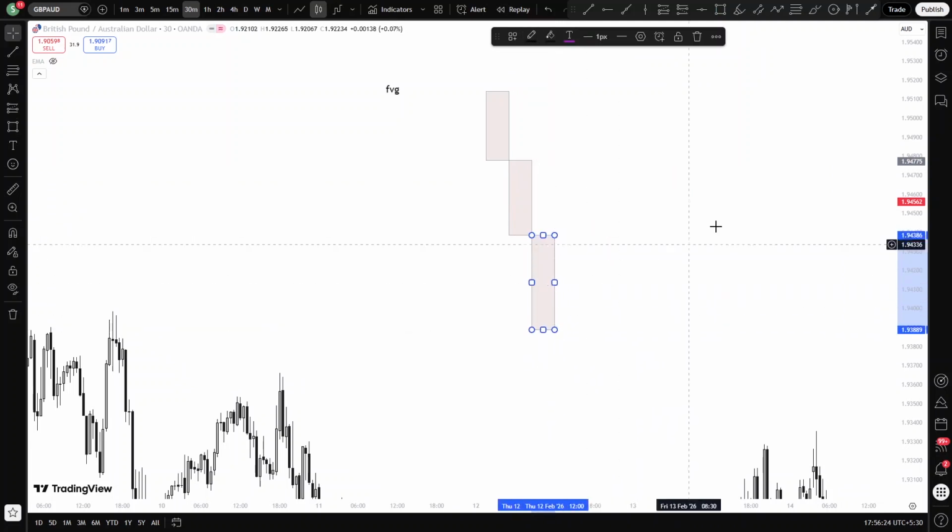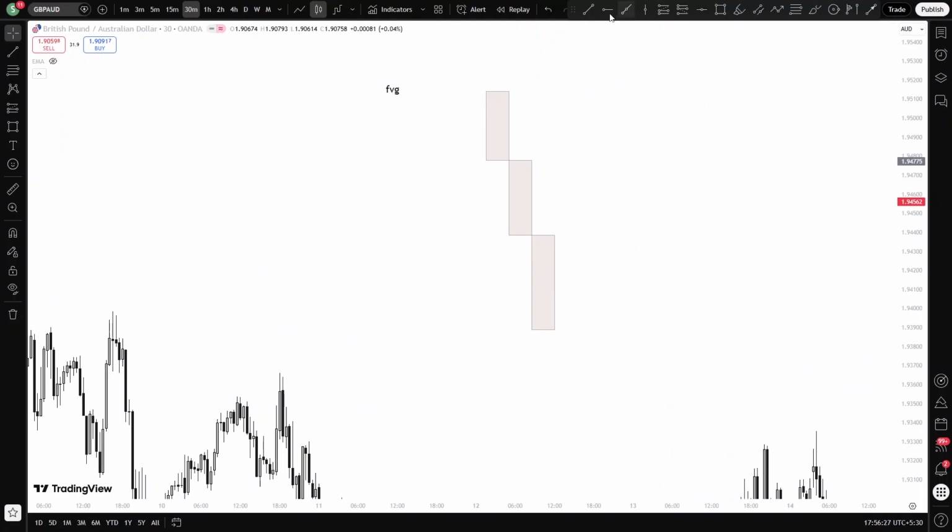So when we are talking about fair value gap, we are basically focusing on the wicks of these candlesticks.